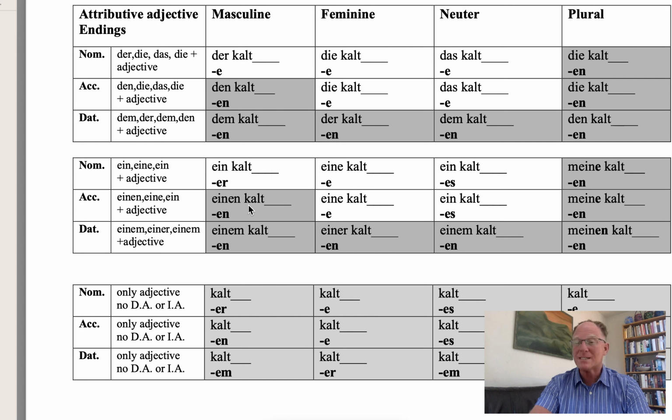Or I place a cold tea on the table: ich stelle einen kalten Tee auf den Tisch. Or in the dative case, ich gehe mit einem kalten Bier ins Kino.